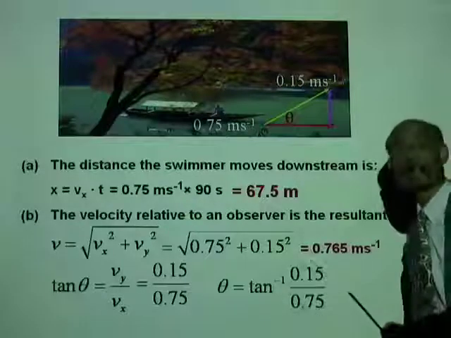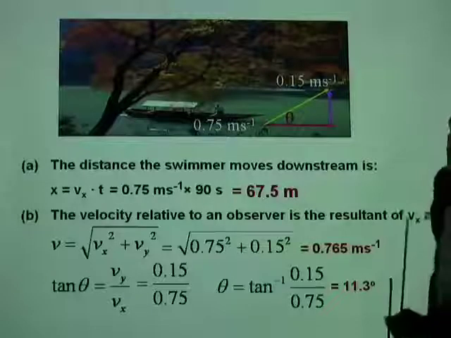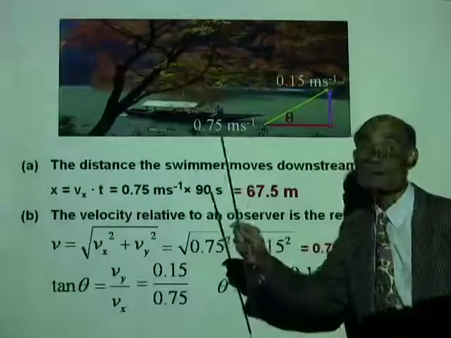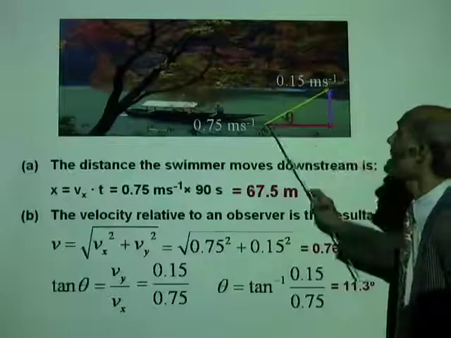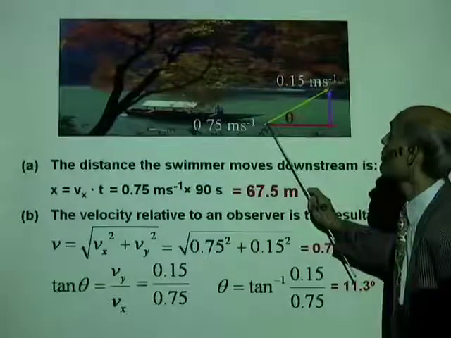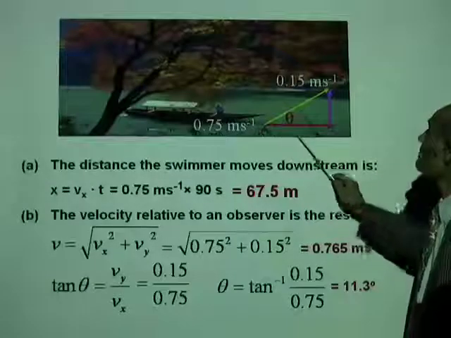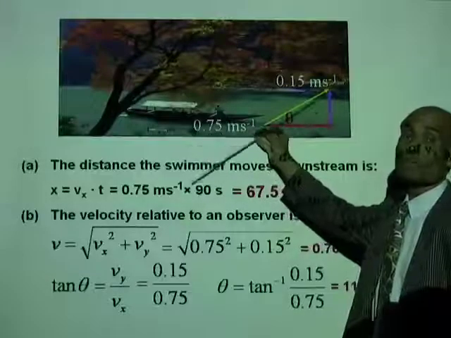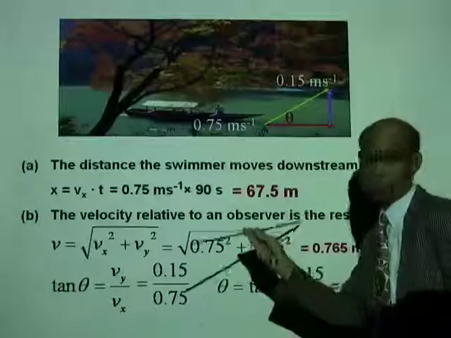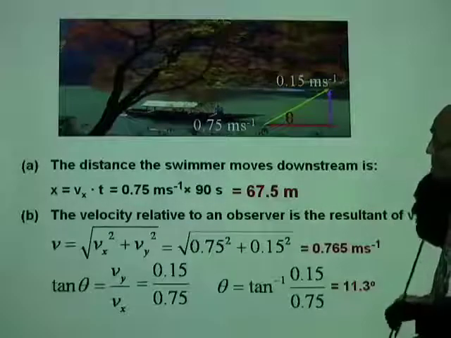And what is that angle equal to? That is 11.3 degrees. So an observer looking from the shore will see the swimmer moving with a velocity of 0.765 meter per second at an angle of 11.3 degrees, the positive angle measured from the shore.